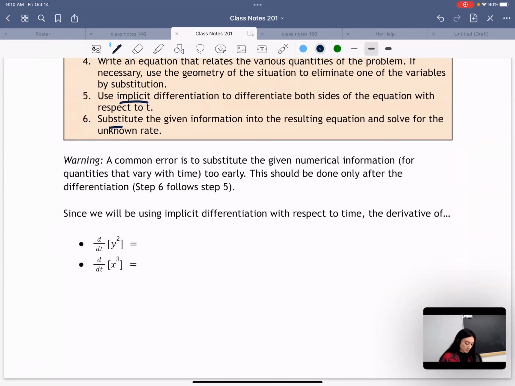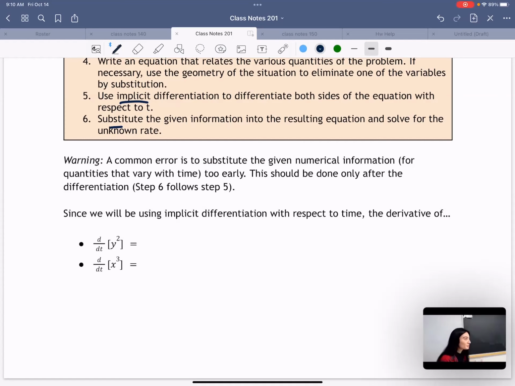Okay, before we do a question, implicit differentiation is going to look a little bit different than what we've done on Wednesday. And the way it's going to be different is all of the functions I'm going to be using in related rates questions are going to be a function of time. All the questions I'm going to give you are going to change with time.